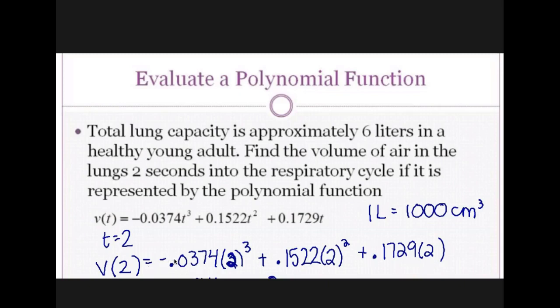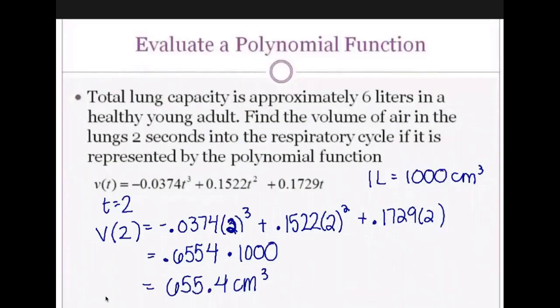So you're going to take negative 0.0374, 2 cubed plus 0.1522, 2 squared plus 0.1729 times 2. And hopefully we all get 654.4, and the units are centimeters cubed.